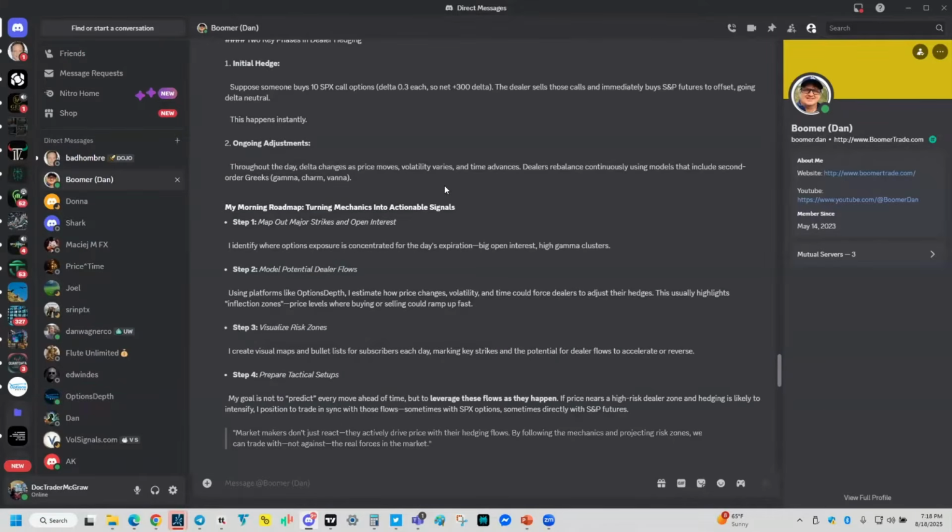So this ongoing adjustment that happens throughout the day is when delta changes. And the rate of change of delta is called gamma. It's basically the delta of delta. As we know, delta is how much the value of the option is going to change with a $1 move in the S&P or in the underlying.